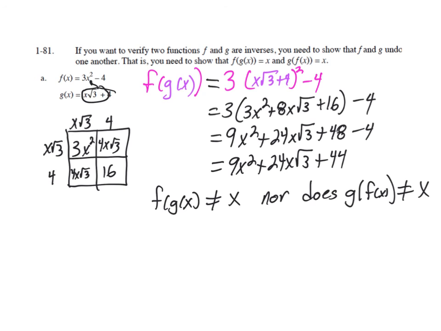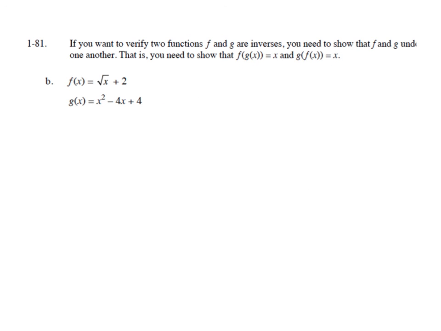On to the next slide. There we go. So now with f of g of x, let's give that a try. So we've got f of g of x, and f is the square root of x plus 2.